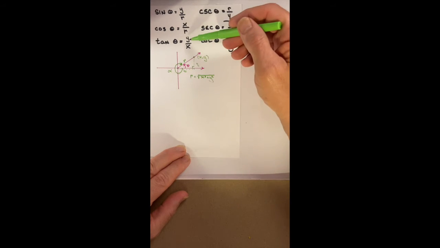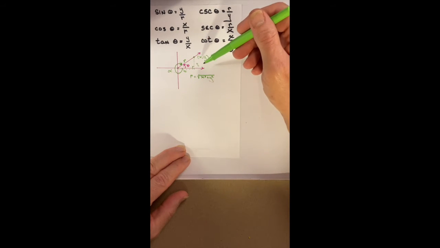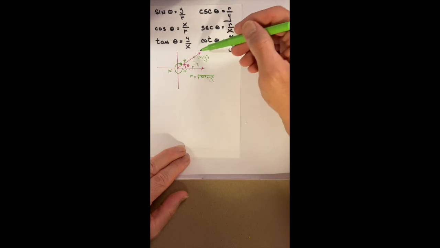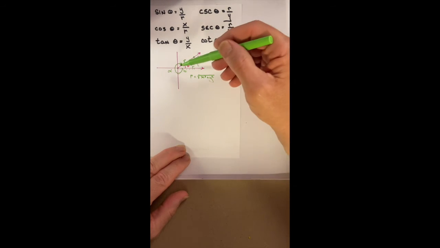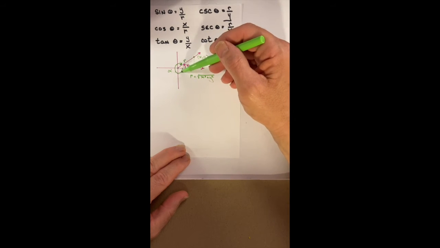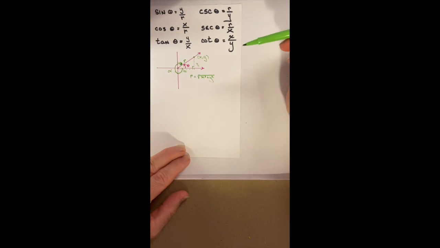And with our new definitions, we can do that, whereas with the old definitions that only applied to right triangles, we would have been stuck. We wouldn't have had any way to find the trig functions for this negative angle.